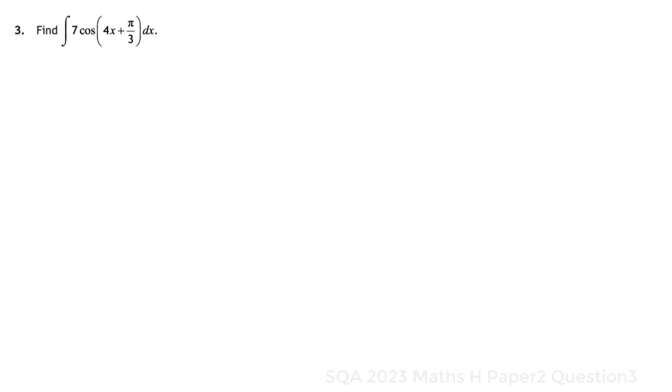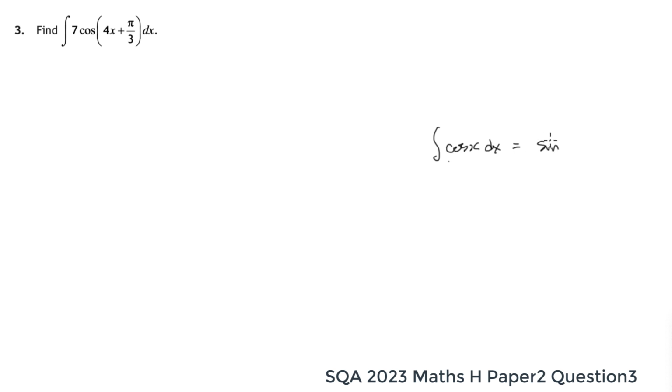So here we have question 3, and it's an integration, sometimes called a special integral, because of the nature of the angle here. Now, what do we know about integrating? Well, we know that if we integrate cos x, we get sin x plus a constant.